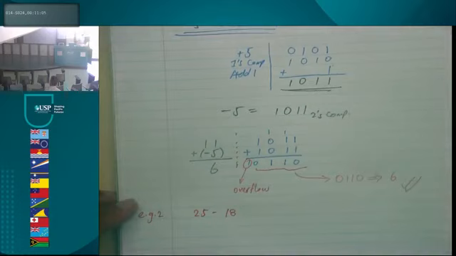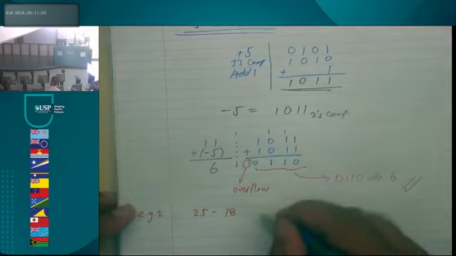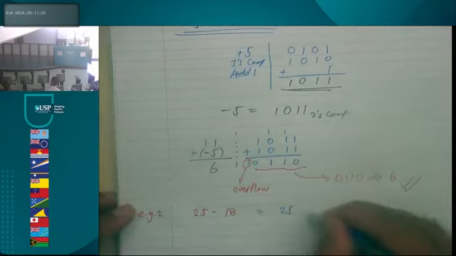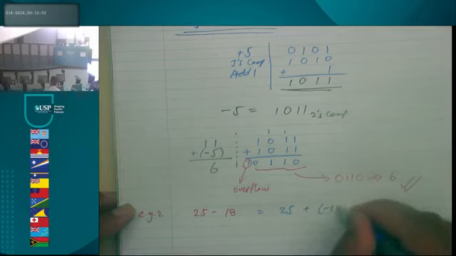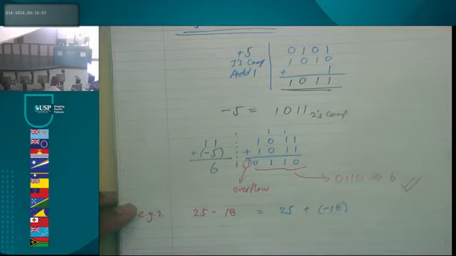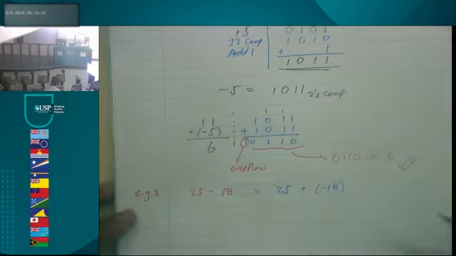That is the same as saying 25 plus negative 18. And let's do this in 7 bits.